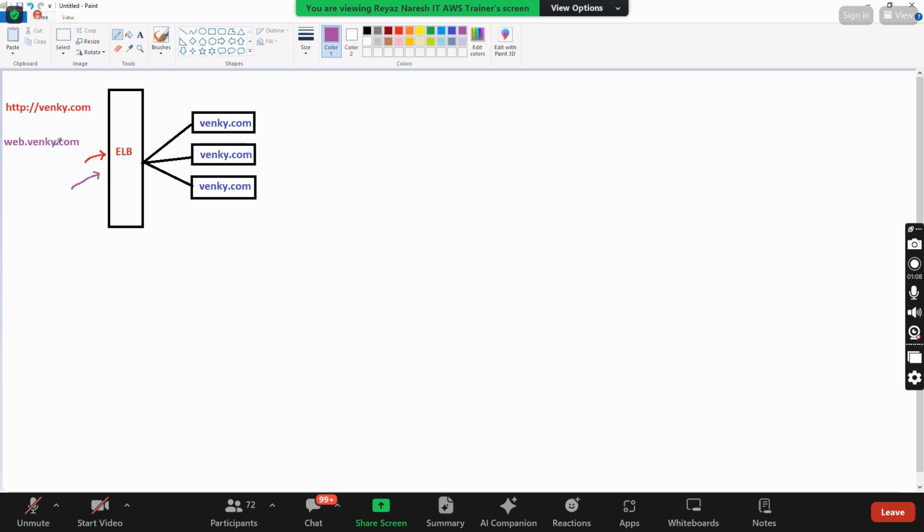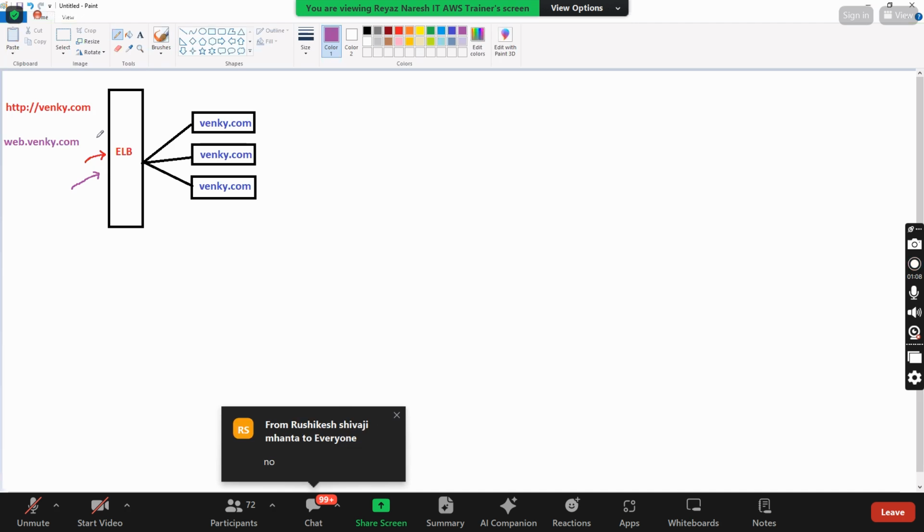Web.venki.com is a different website, but in my load balancer, the website I have is venki.com. Is it possible to send it to this load balancer? Take google.com with EC2 instances. For the same load balancer, can I send images.google.com? That's a different website.